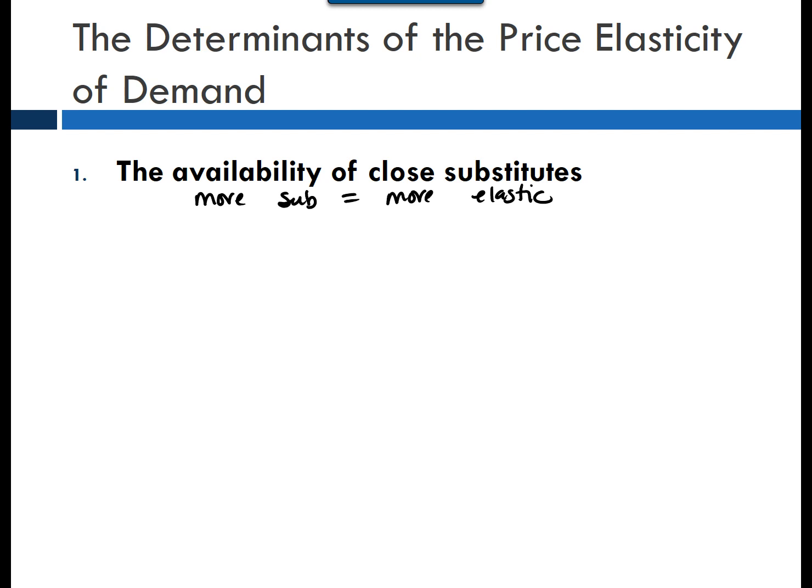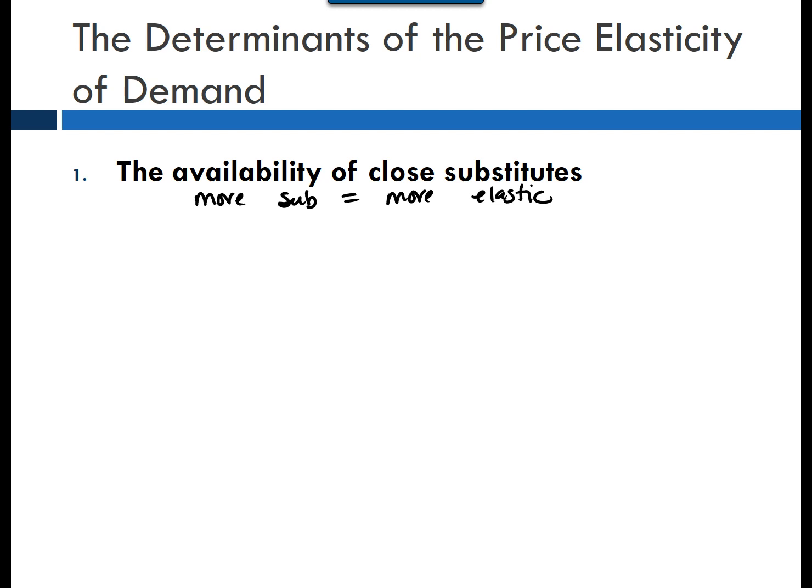Some people go to the movies for the whole big screen and the whole atmosphere and all that kind of stuff, so they might not consider watching at home an adequate substitute, but a lot of people would. The more substitutes are available, the more elastic, the more people are going to react to a change in price because they have other options.